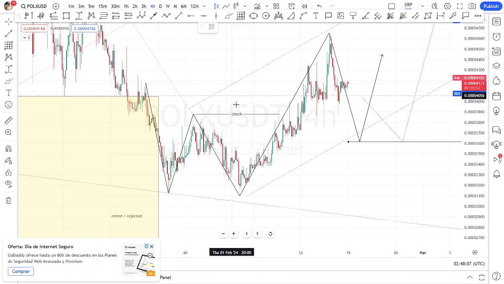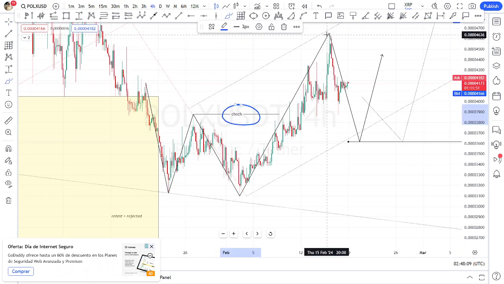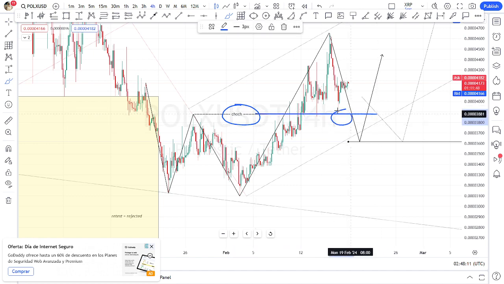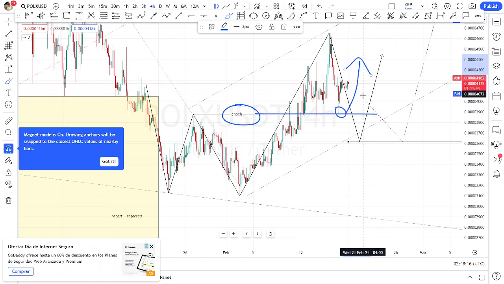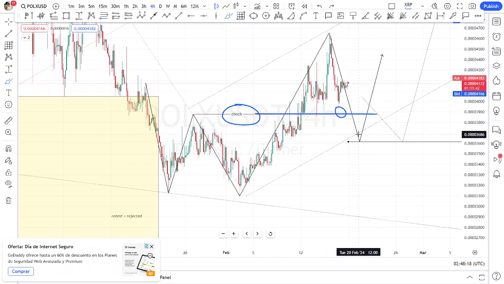That's the reason why the market retraced in this area. As you can see, this is also a good entry for the price to go up. So there is a 50% chance that the market will not revisit this price level. I think this is 50% of the Fibonacci.